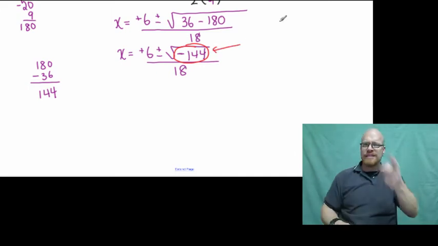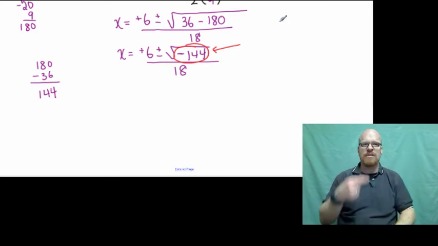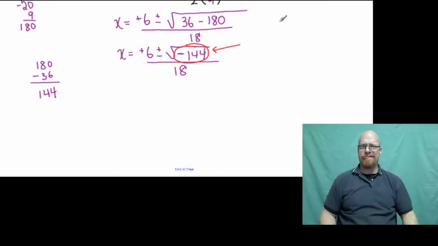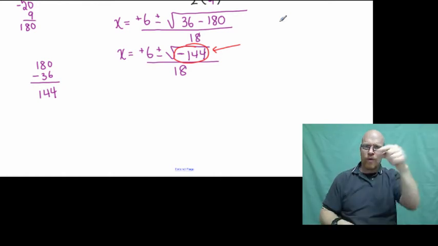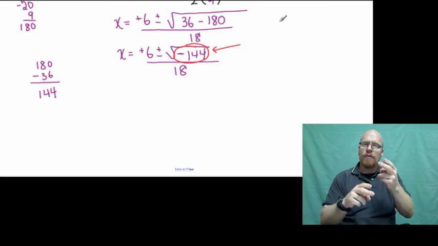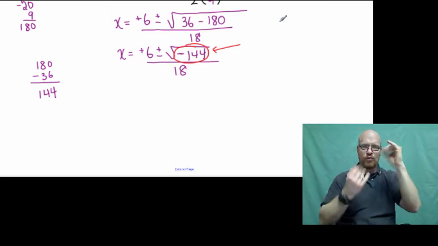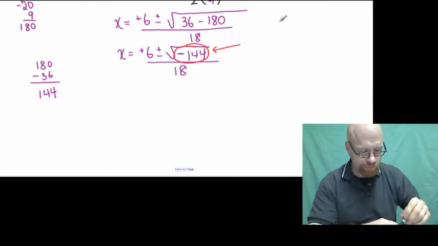So now we see under the square root symbol we have a negative 144. Can't happen. Well, we can't take the square root of a negative in the real number system. It's called a complex number. It's a non-real, an imaginary number.